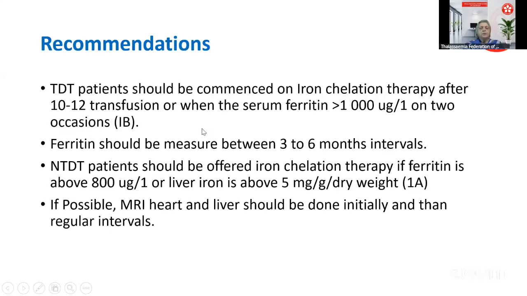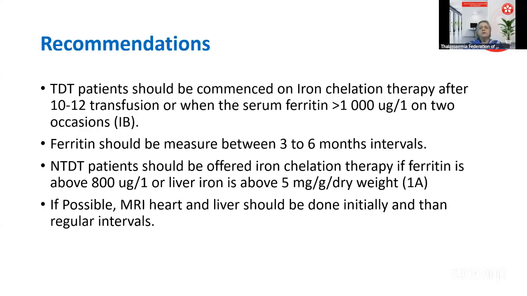Transfusion-dependent thalassemia patients should be commenced on iron chelation therapy after 10 to 12 transfusions on the lowest dose to start with any drug, but preferably now, internationally, the recommended drug to start on in small children is deferasirox.